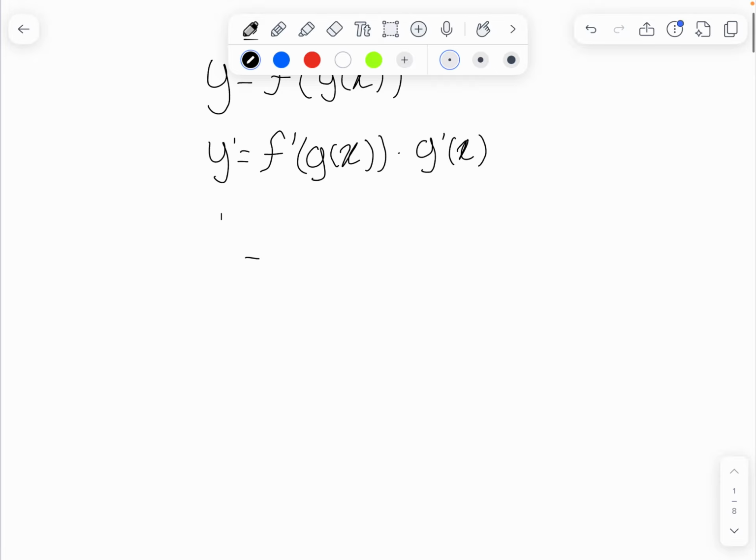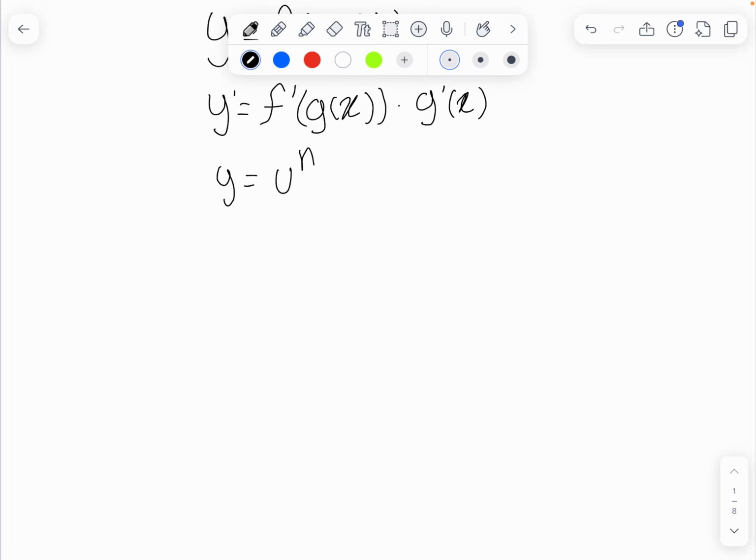So if we have y equals u to the power of n, so let's say u equals another function, we'd have y prime equal n times u to the power of n minus 1, and then we have to differentiate the u, so that's multiplied by u prime.